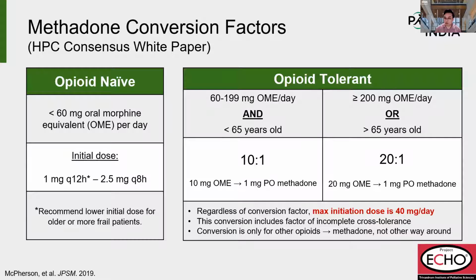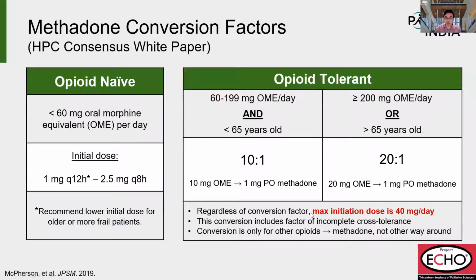For patients using 200 milligrams or more of oral morphine equivalents, or who are 65 years and older, you would want to use the more conservative conversion ratio of 20 to 1. The key things I want to note are "and" or "or." These will be very key in making decisions for our patients about this conversion ratio.